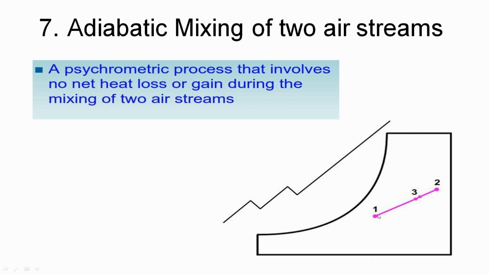Point number 1 is the first stream, point number 2 is the second stream. Two streams of different temperature are mixing together with constant enthalpy. So we will get one mixing point, which will lie exactly in between these two points.